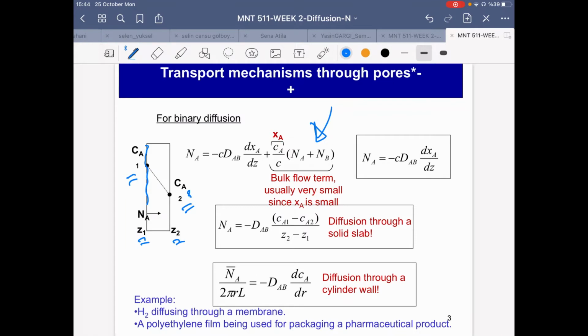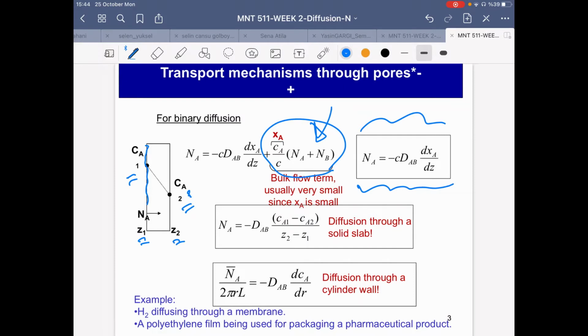For the bulk flow term, usually this part is very small, since XA is usually very small. And so usually we consider just this diffusion term, minus C DAB dXA over dZ.